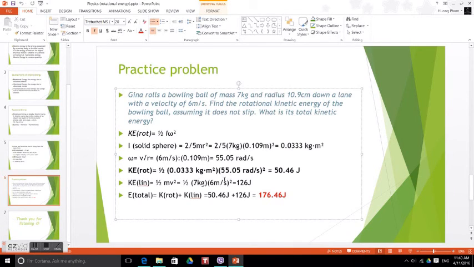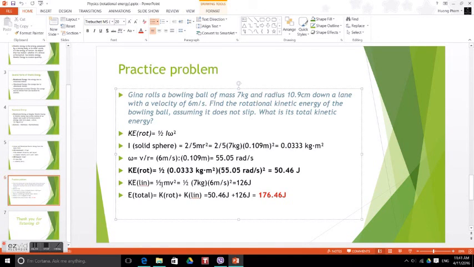Okay, so the second question is the total kinetic energy. In order to find the total kinetic energy, we need to find the linear kinetic energy. The equation for the linear kinetic energy is 1/2 times mass times velocity squared. The mass is 7 kilograms and the velocity is 6 meters per second.